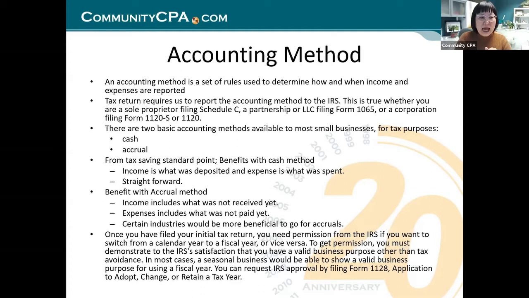Okay, the tax return requires us to report the accounting method from day one. As soon as you open up a new tax return for a new company, there is a must-answer question asking what accounting method you are using. And some people say, well, Ying, I don't remember they asked me that.